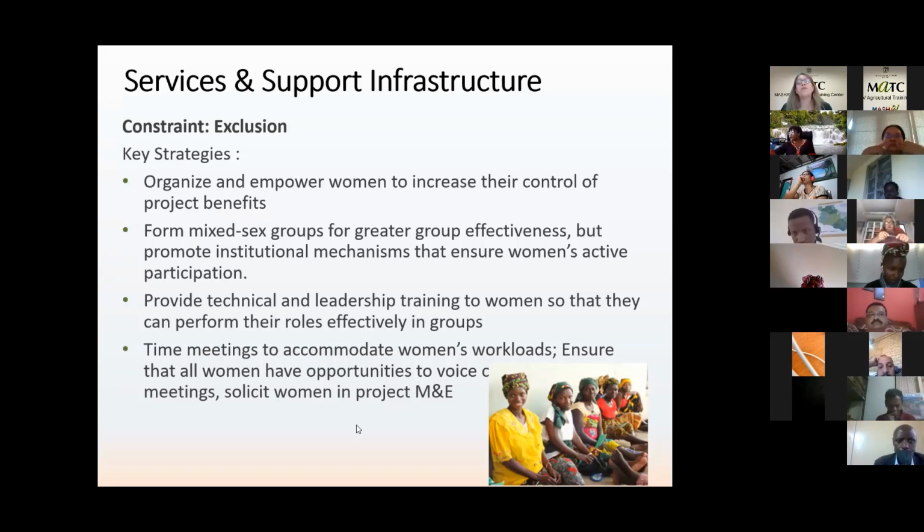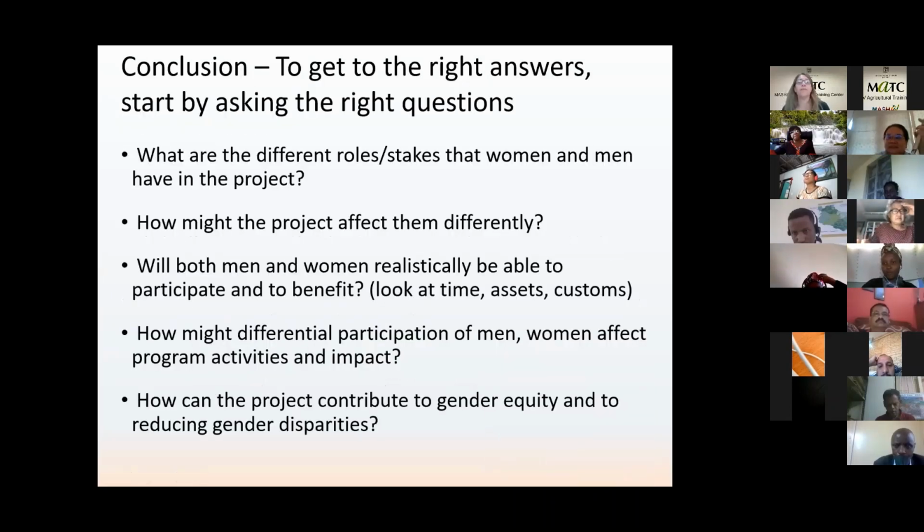And when you reach the monitoring and evaluation stage, you must not forget to solicit women's input and find out how the project is working for them.